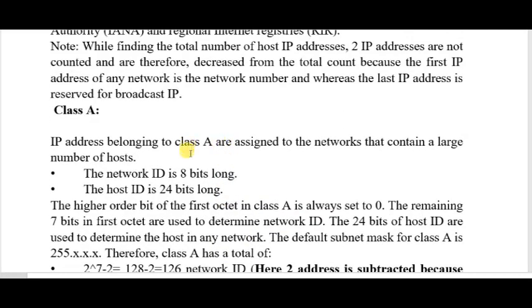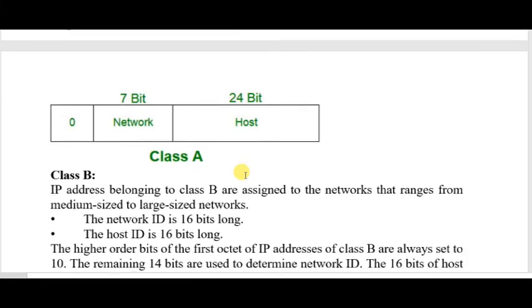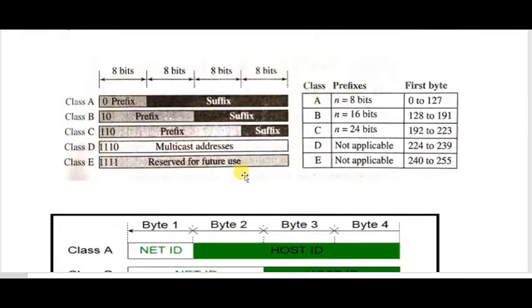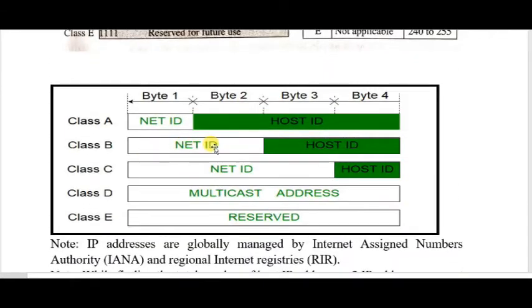Next come to the class B. Here look at the class B. We have the first 16 bits as network ID and then the next 16 bits as host ID. That means how can we calculate how many network IDs we can find in the class B?